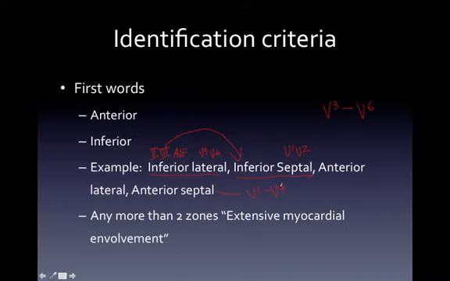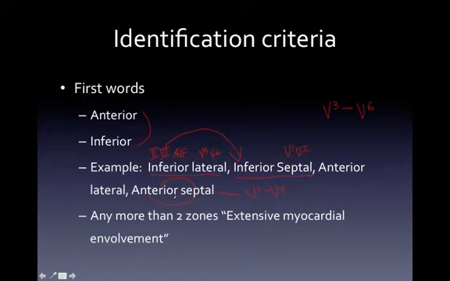So the first words out of your mouth, if they're involved, have to be either anterior or inferior. If you ever stated it in reverse, you'll probably not be looked at like you're educated on reading 12 leads. So an example, if you said anterior septal, that would be okay. However, if you said septal anterior, that would not be okay.